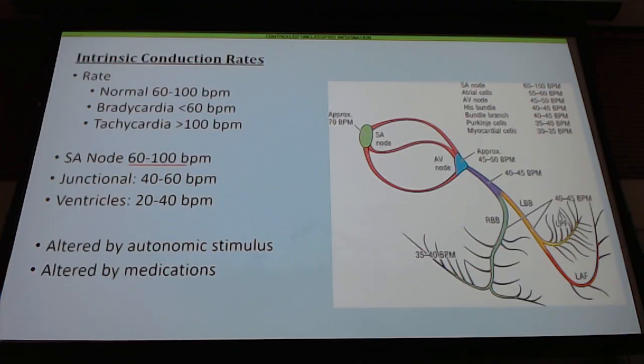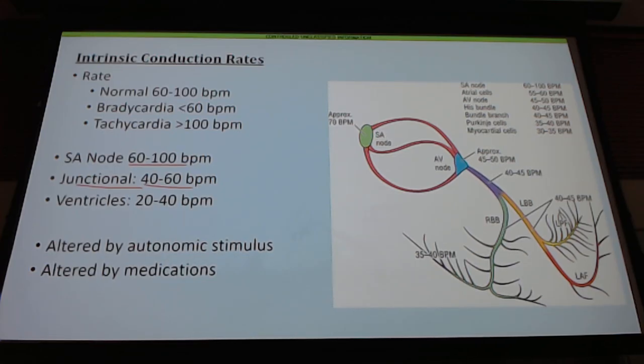But then when we go down, you can see now the junctional area is set for 40 to 60 beats per minute. So that should generate an action potential if it doesn't receive a stimulus at that rate. And this is good because we have a redundancy in our system. So let's say we knock out our SA node for some reason.